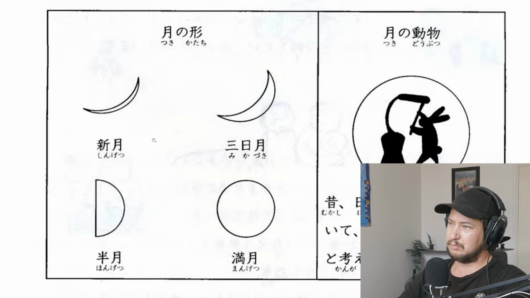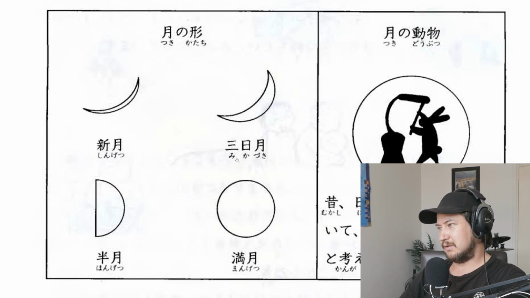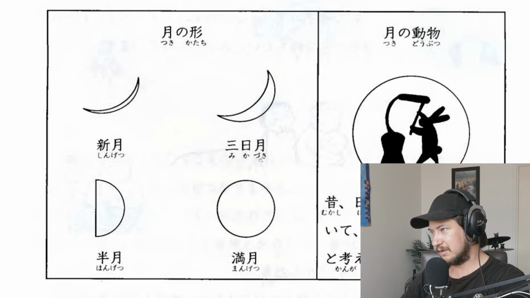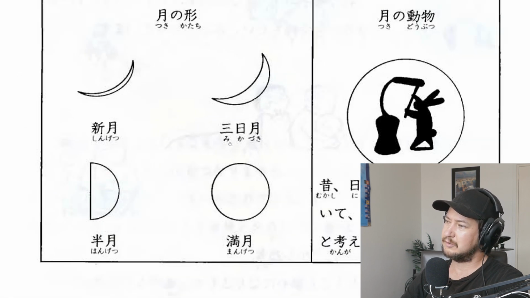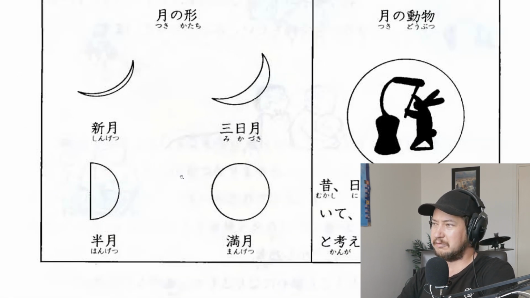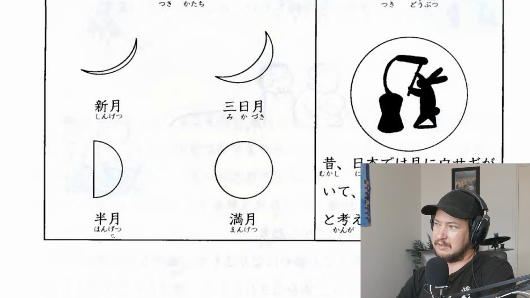Shingetsu, new moon. Mikazuki, I guess it's a 3-day moon. Oh, sorry, that's not Getsu. Tsuki. I think it's Zuki. Mikazuki, 3-day moon. Hangetsu, half moon. Mangetsu, full moon.